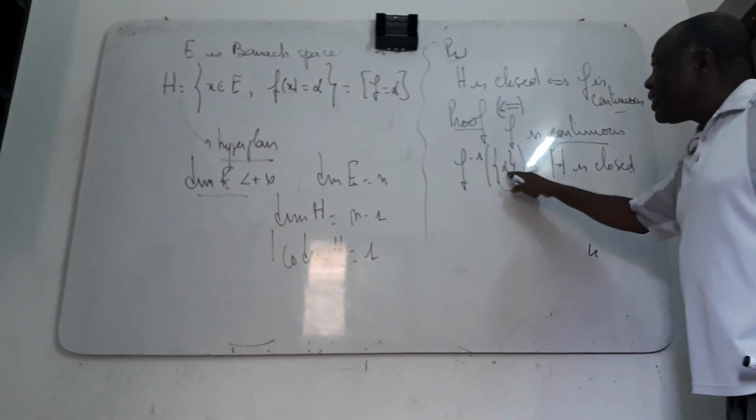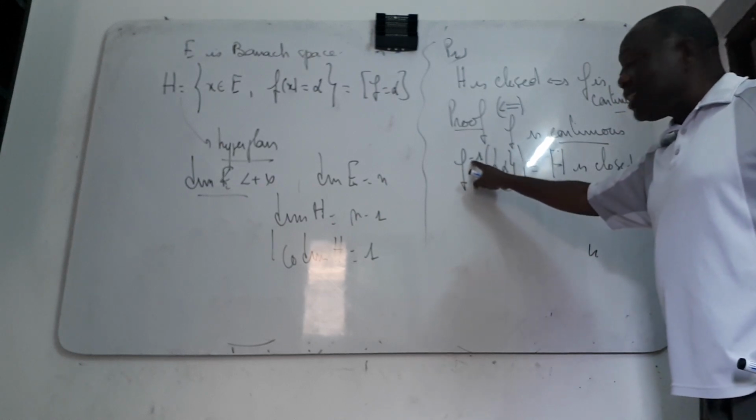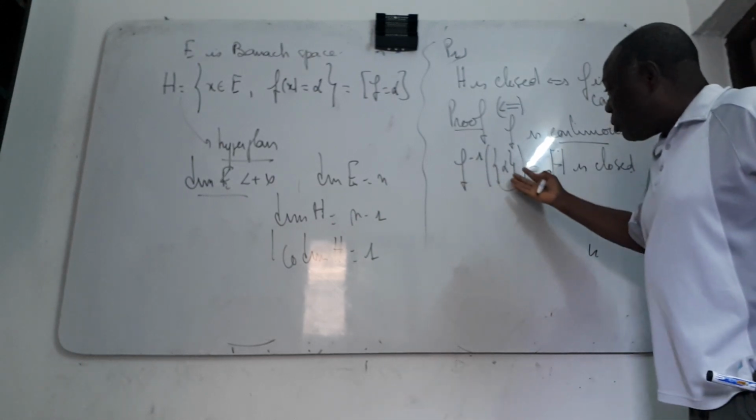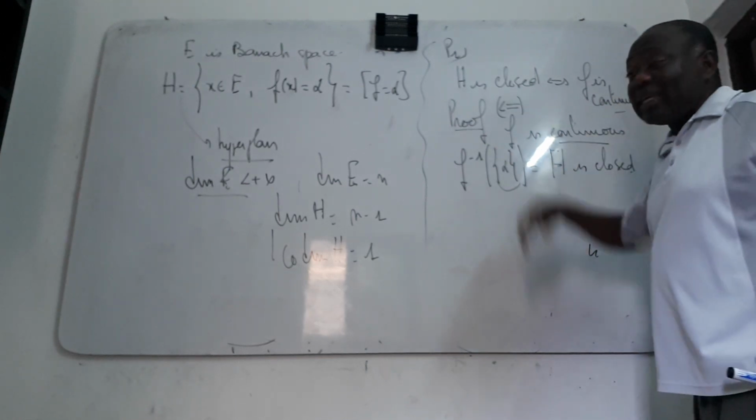Here alpha is an element of R, which is a Hausdorff topological space. Then the inverse image of a closed subset is necessarily closed. So if f is continuous, necessarily H is closed.